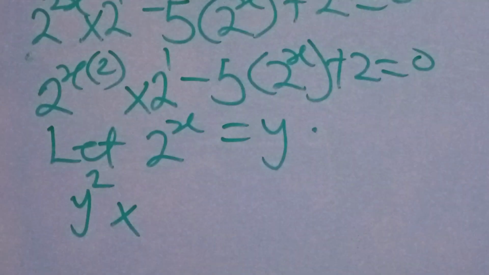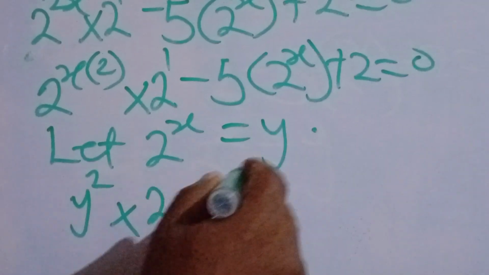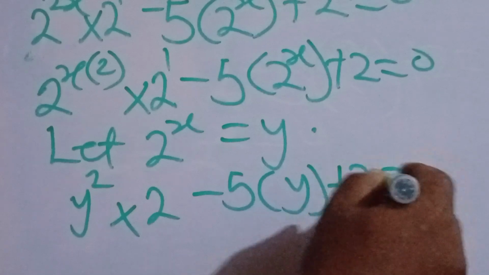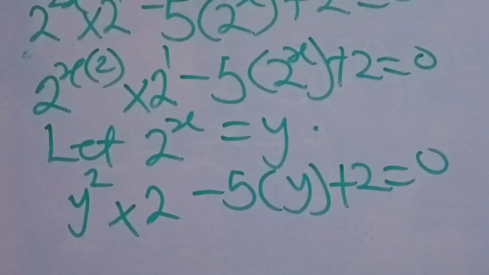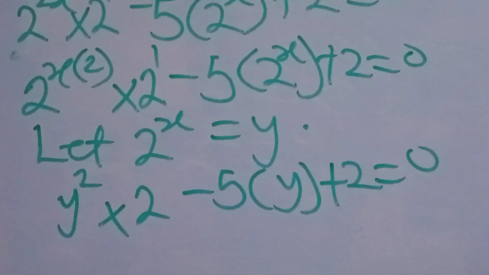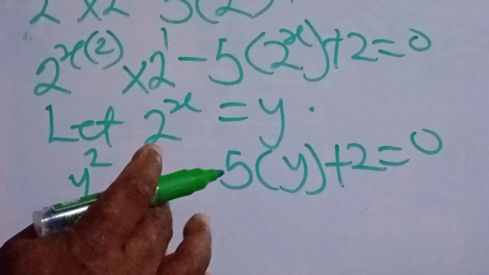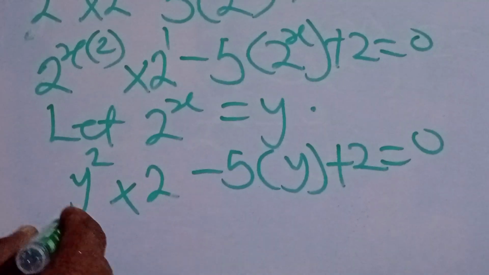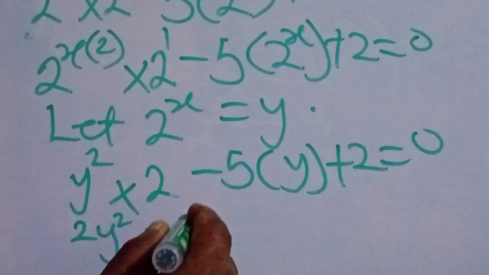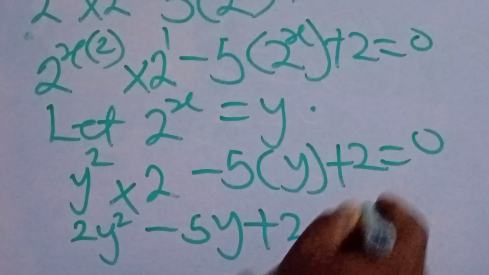Here 2 to the power of 1 is the same thing as 2. So 2 times y squared will be 2y squared minus 5y plus 2 equals 0.